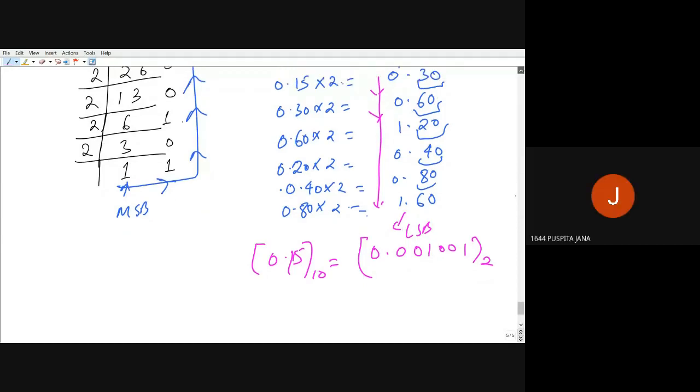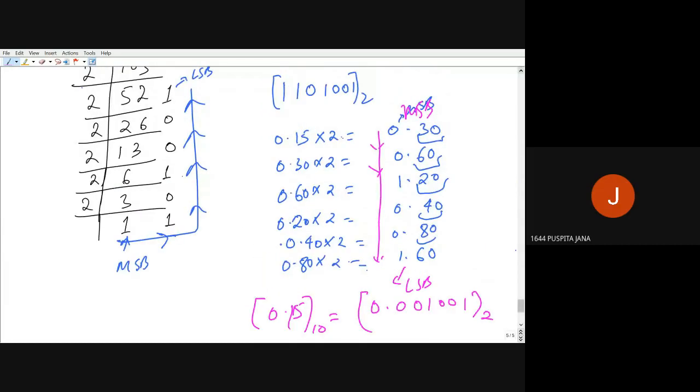Sir, why do we stop at that point? See, if it is not mentioned in the problem, then you can write it up to whatever you think is feasible. Suppose in an example it is given, convert it into 12-bit binary.